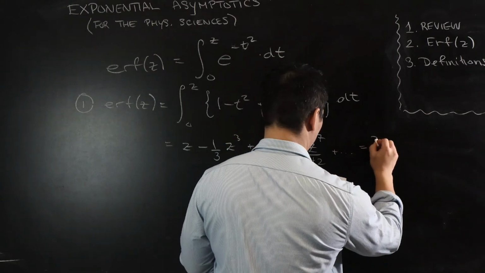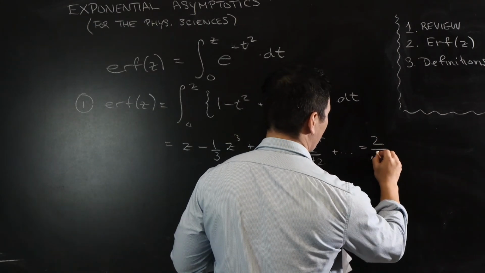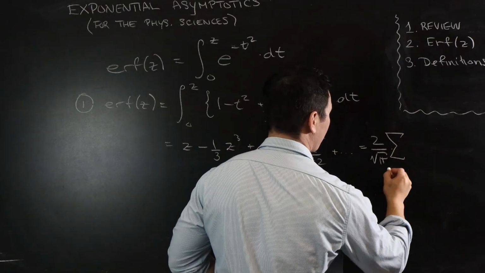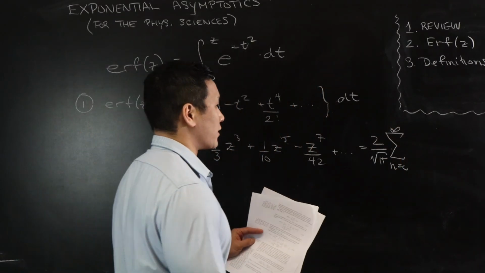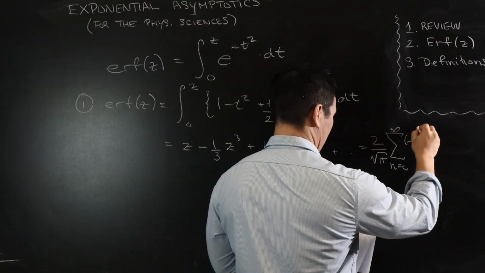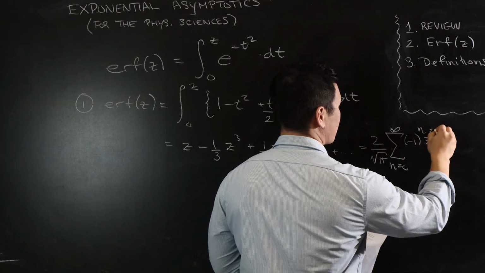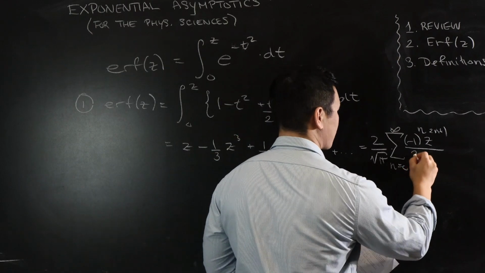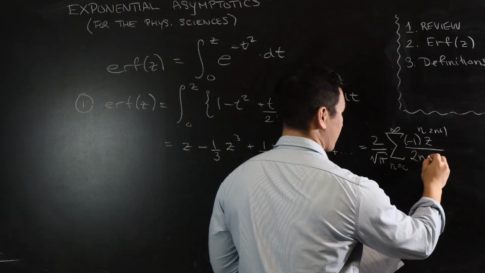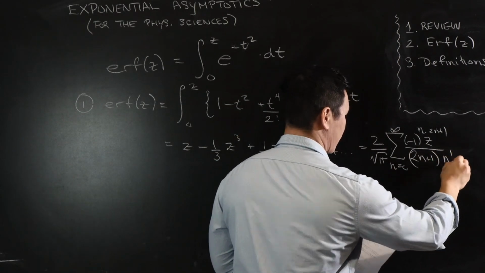That's 2 over root pi, an infinite sum from n equals 0 to infinity, of minus 1 to the n, z to the 2n plus 1, over 2n plus 1 times n factorial.